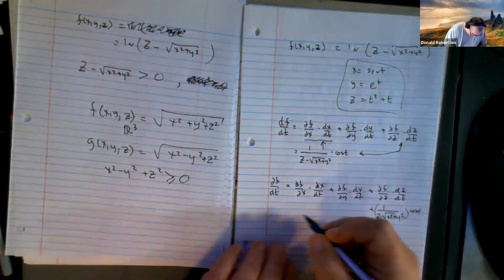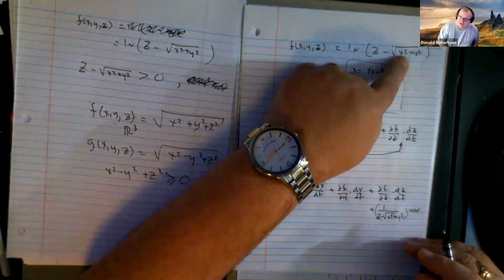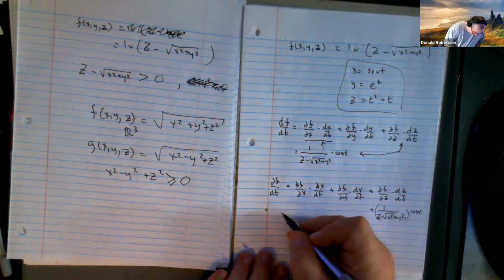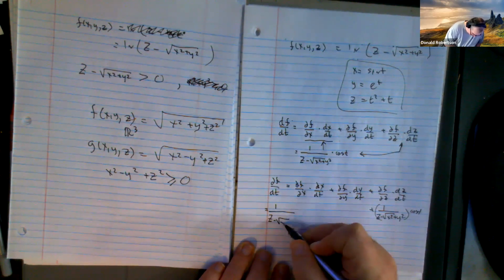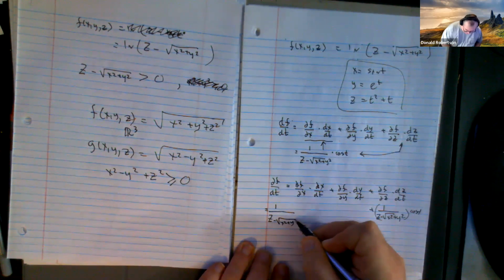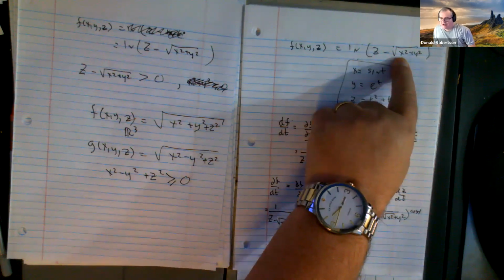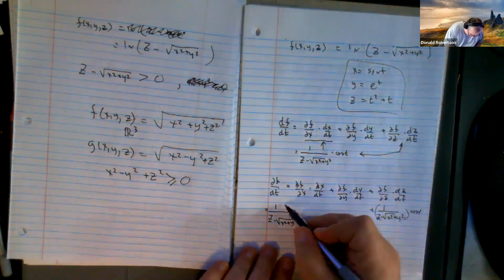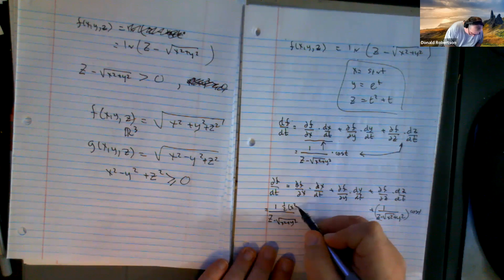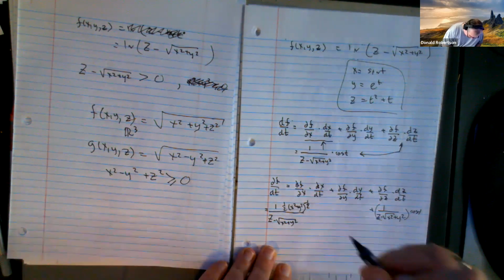Okay, now, if you differentiate this with respect to x, it is going to get really, really ugly. It's 1 over the guy, which isn't too bad. But then you have to differentiate what's inside the brackets with respect to x, which means you probably want to call that x squared plus y squared to the half, which means you're going to have 1/2 times x squared plus y squared to the negative 1/2.